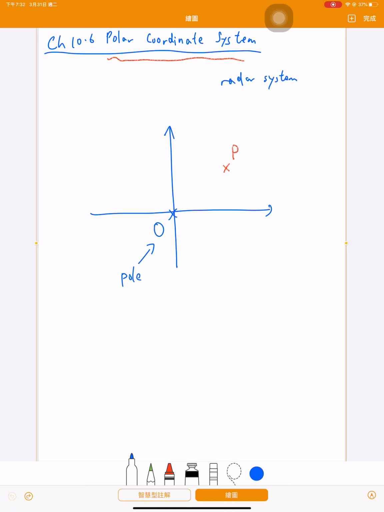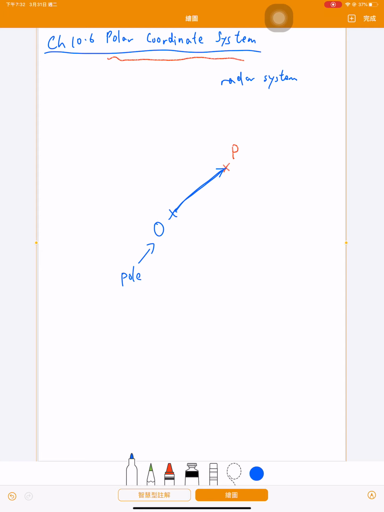But now we do not use this, because in reality, to go to point P, we seldom go this way and then this way. We usually go in a straight line from here to here, so this is the distance between O and P.